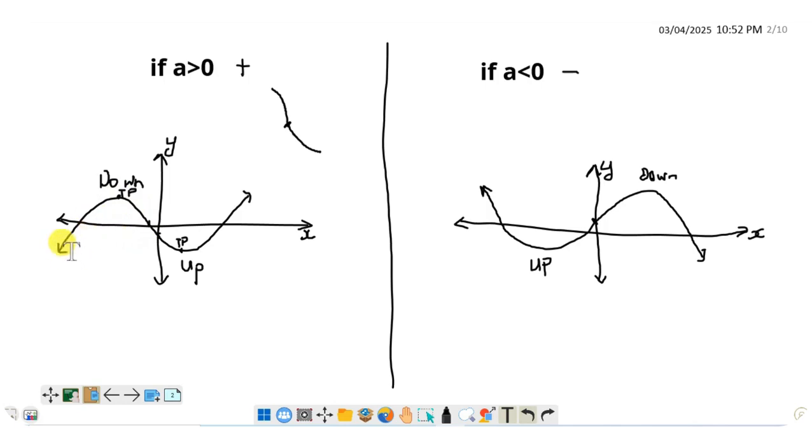So it goes up and curves there, reaches the highest point, goes down, and at the point of inflection it changes direction and goes in a curve that goes up.